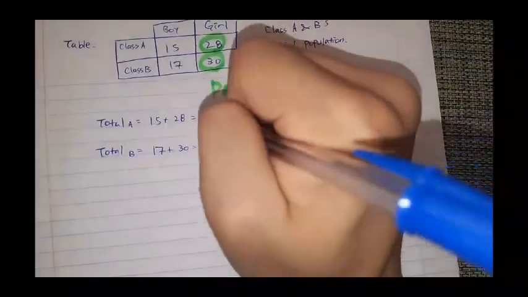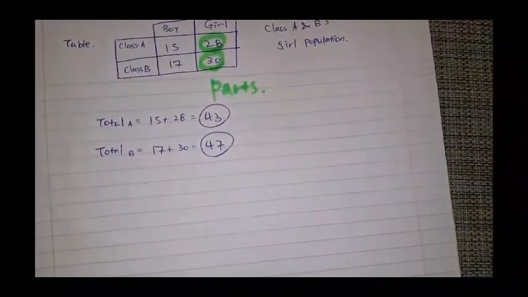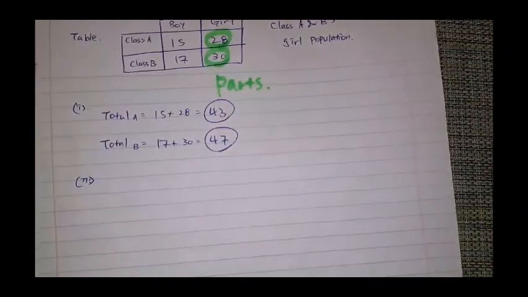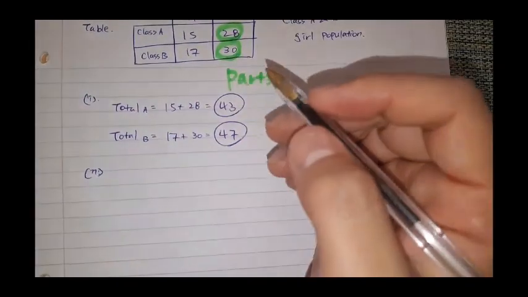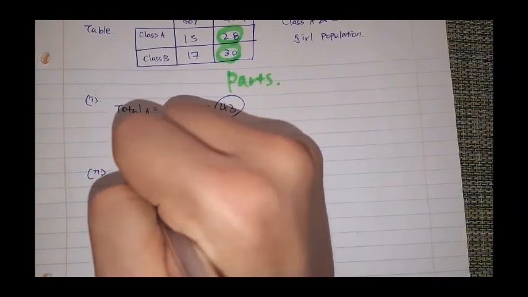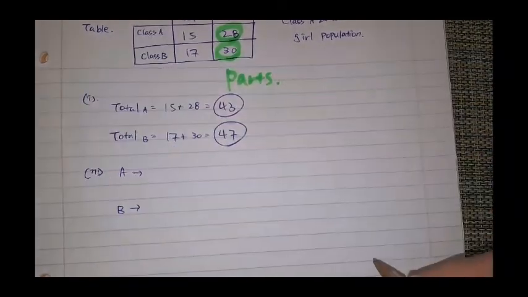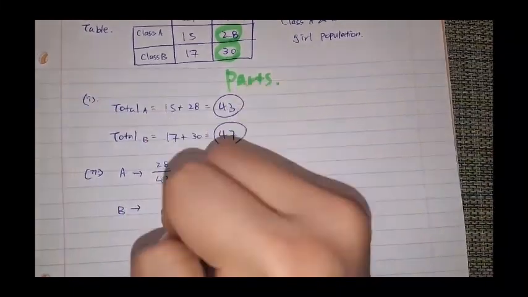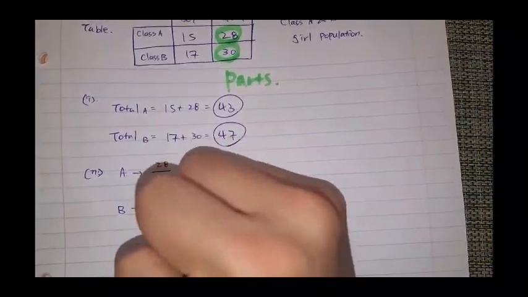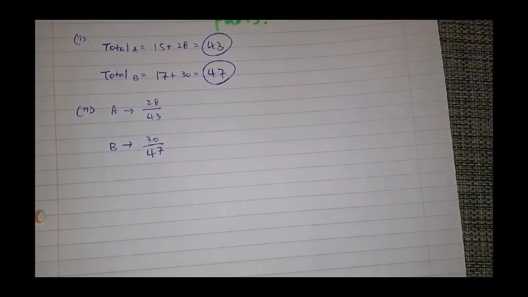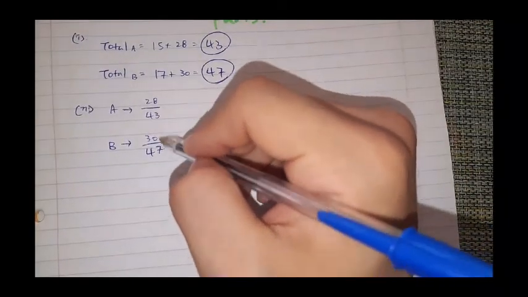It is important to figure out these totals, because then now you can apply your fraction situation. Class A, class B, that's basically 28 over 43 and 30 over 47. And as you may know, 43 and 47, we call them prime numbers.